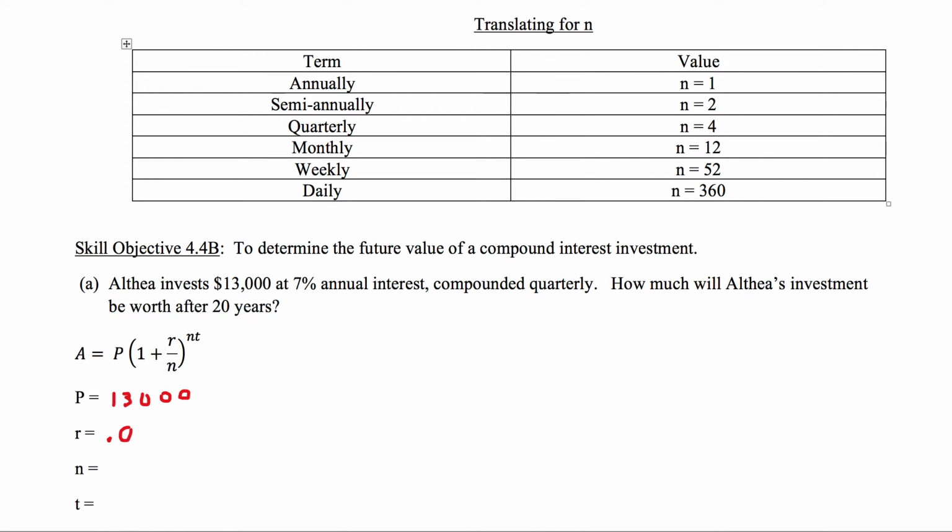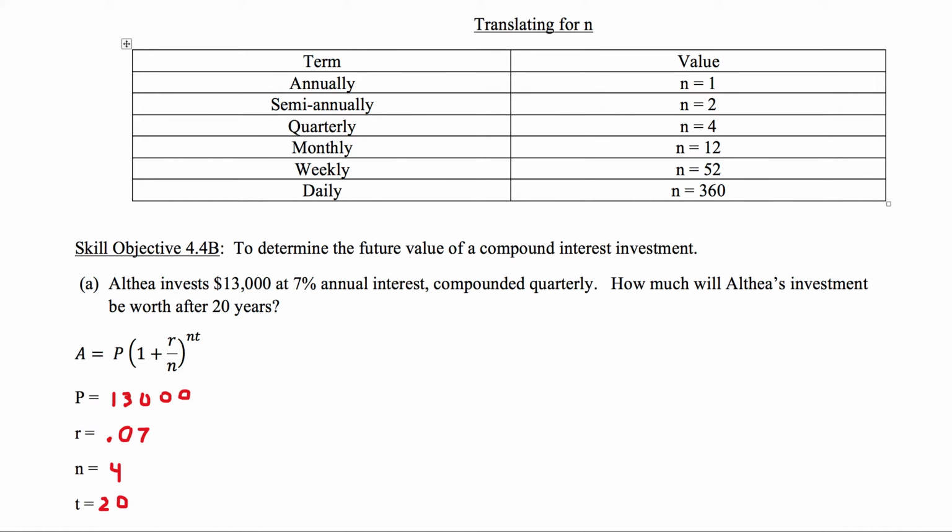So 7% will be 0.07 for the interest rate. We're told that the interest compounds quarterly. So if you look at your chart, if it compounds quarterly, the N value is going to be 4. And then finally, it says the investment is going to stay in the account for 20 years. So our time is going to be 20.